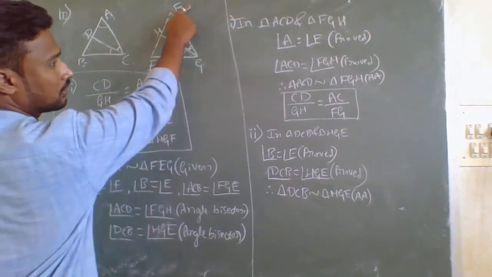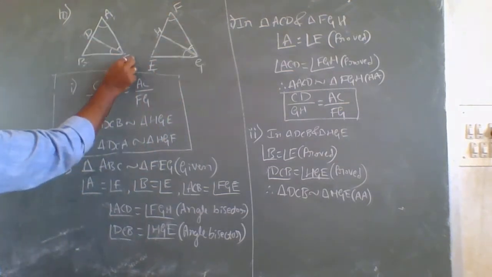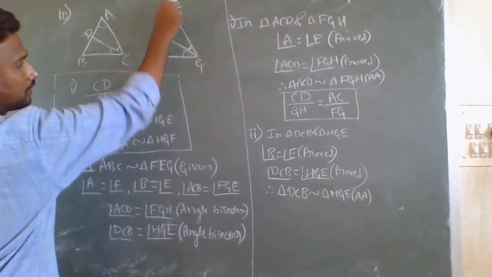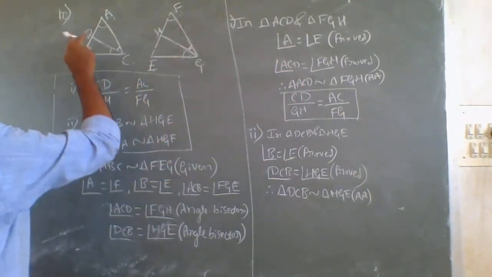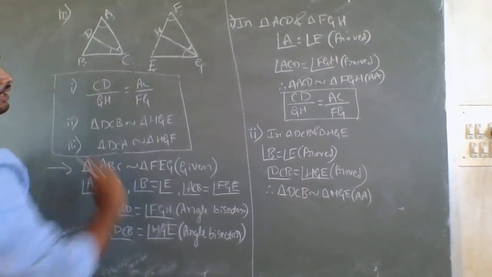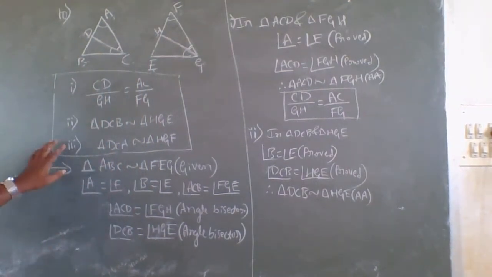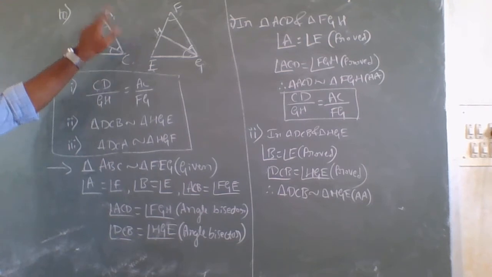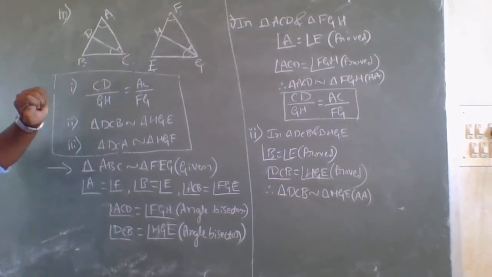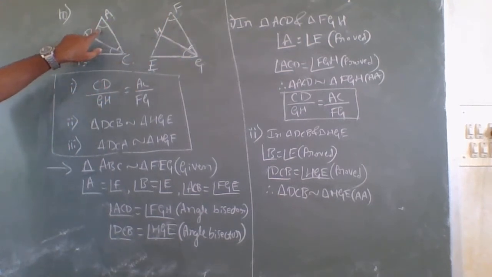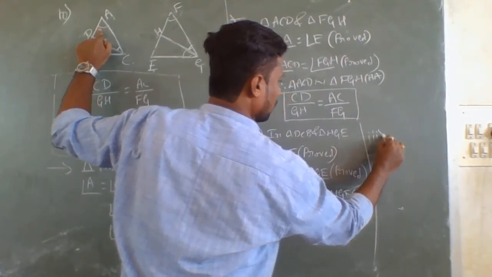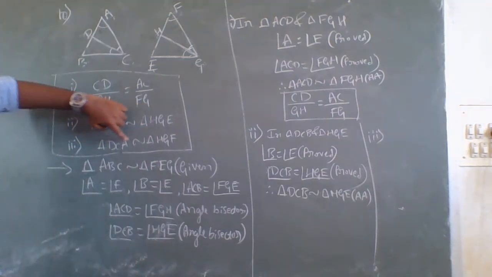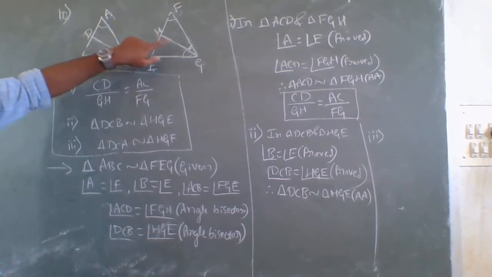Here in the first one only, we proved that ACD and FGH are similar, and in the third one again we have to prove DCA is similar to HGF. Now consider these two triangles DCA and HGF.